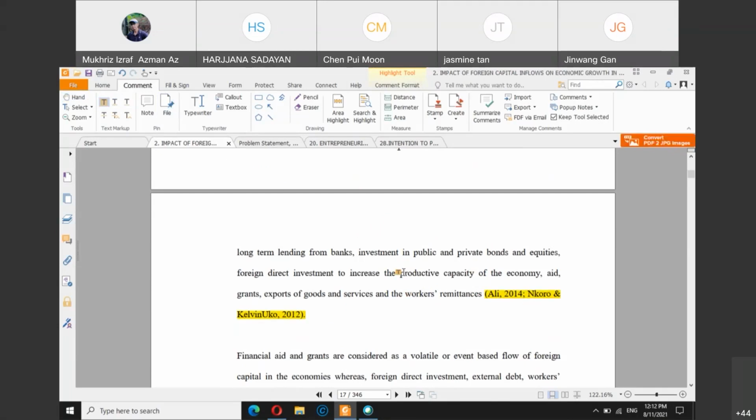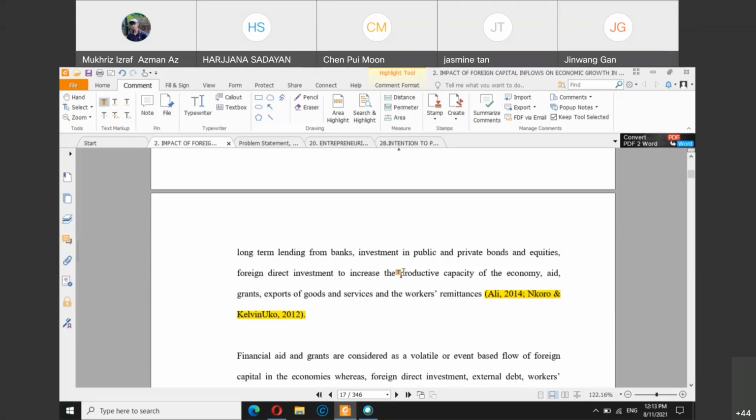Newspaper article you can goreng, you can write, maybe have some figures here and there, some data here and there, but you do not need references or citation from articles. That is one of the main differences between a newspaper article or blog article versus an article from a journal or thesis.